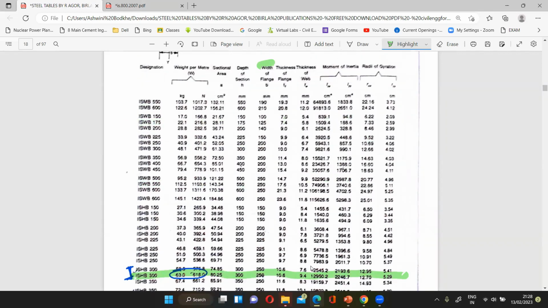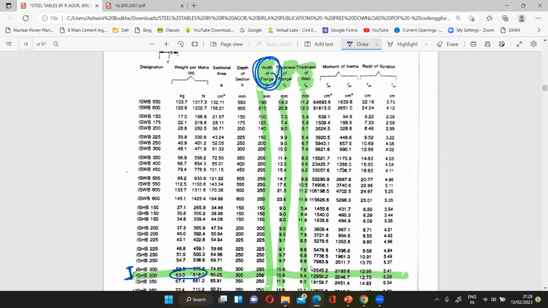ISHB 300 row. Width of flange, thickness of flange and thickness of web. So here are the values. First is width of flange.